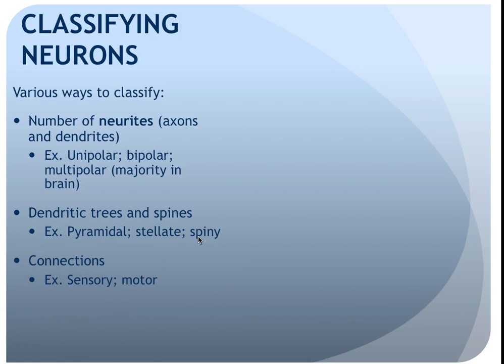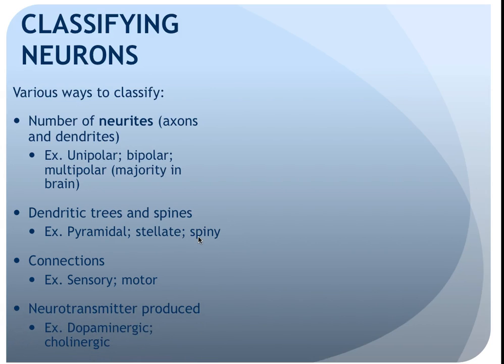Or we can classify them based on the types of connections that they make. So we know that we have sensory neurons, which are distinct from motor neurons. And in fact, we have interneurons. You'll get a nice view of that in one of the video clips that you're going to watch today. But we have these different types of connections that neurons make.